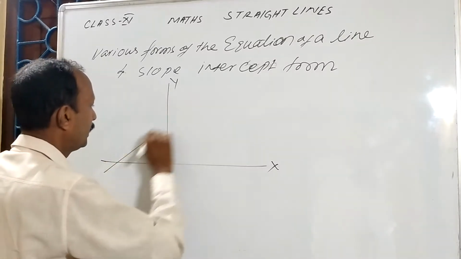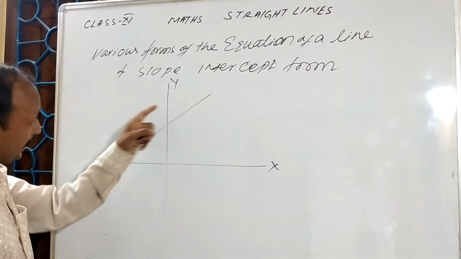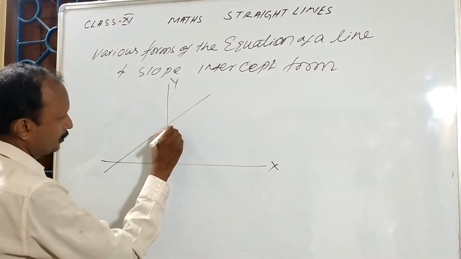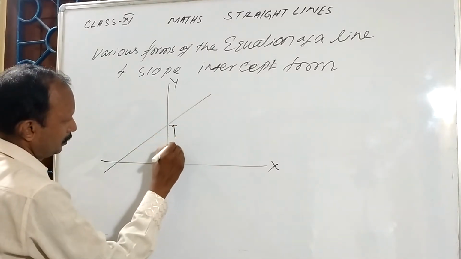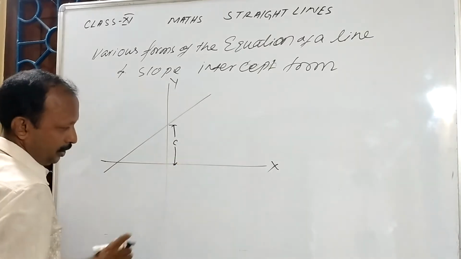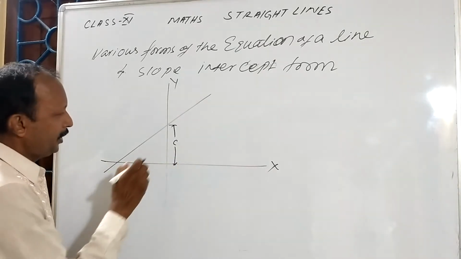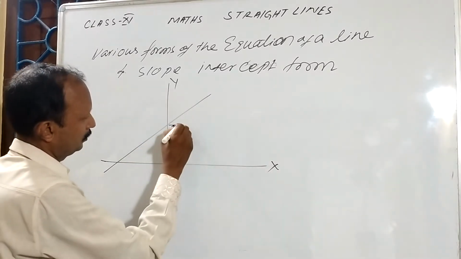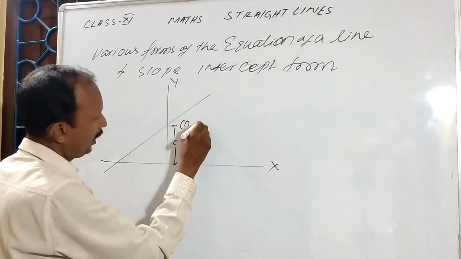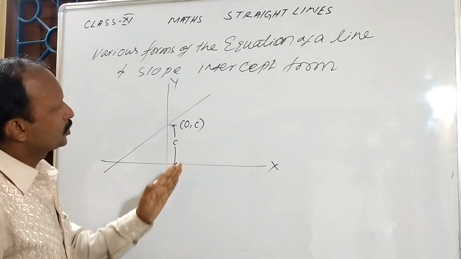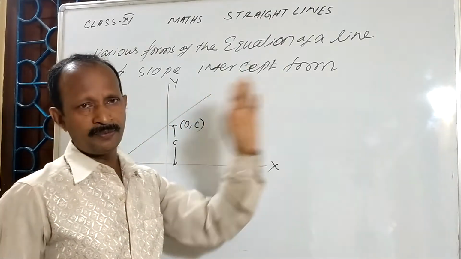Suppose this line intersects the y-axis at a distance c from the origin. That means coordinates of this point are (0, c). So this is slope intercept form.